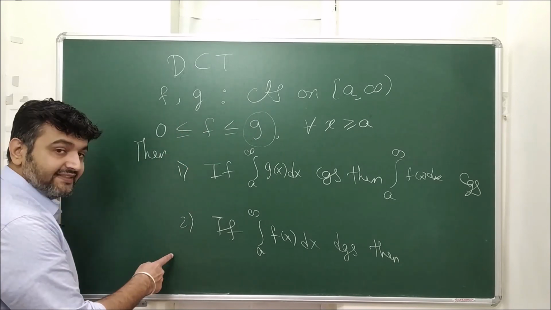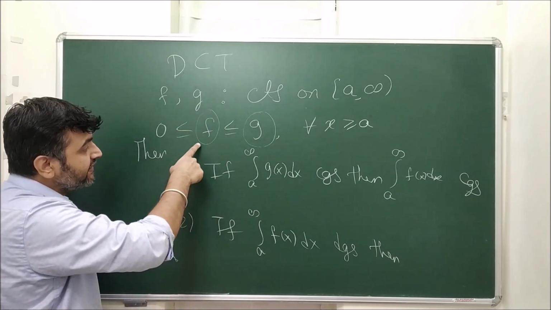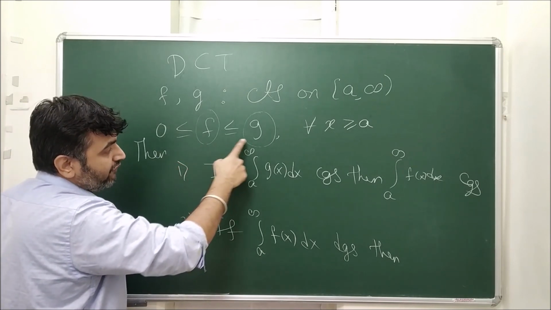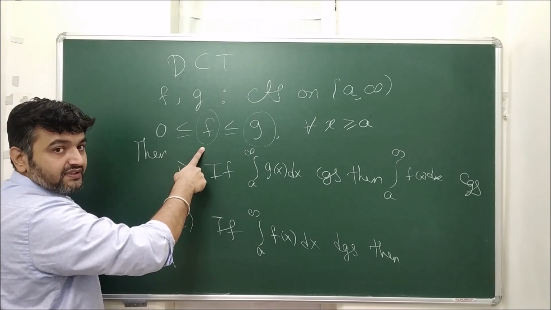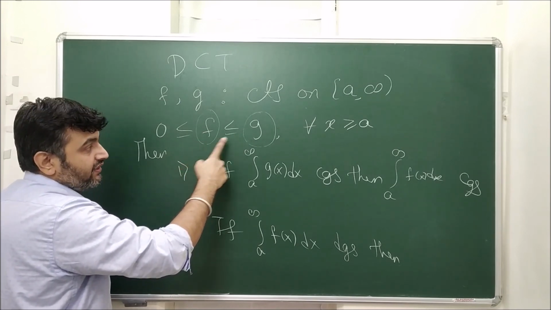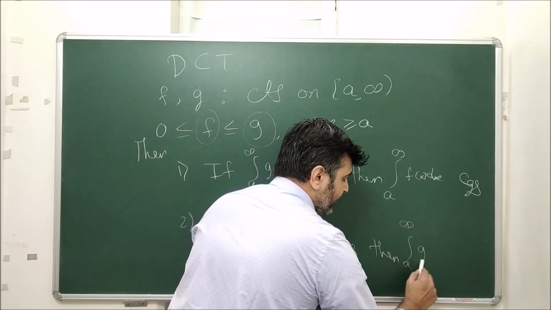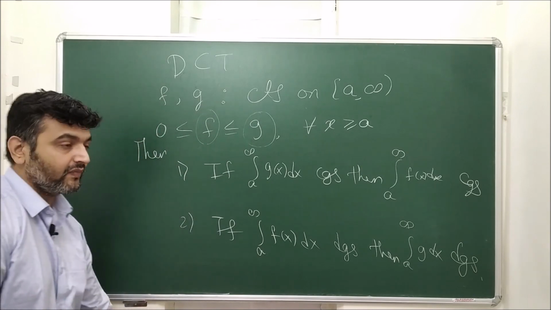And the second statement is, if the integral of the smaller function diverges, meaning if this is infinite, what can you say about the integral of this? Now the integral of this is greater than the integral of this. Now this is infinite, so this also has to be infinite. So then the integral from a to infinity of g(x) dx diverges.